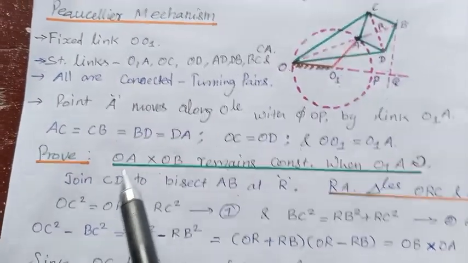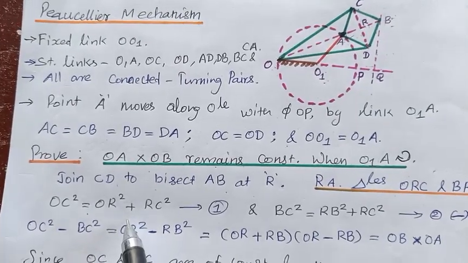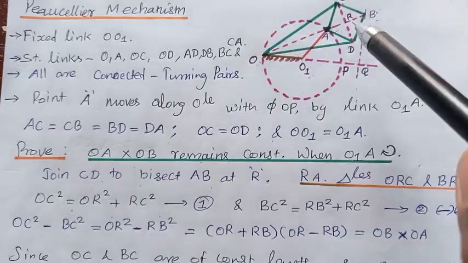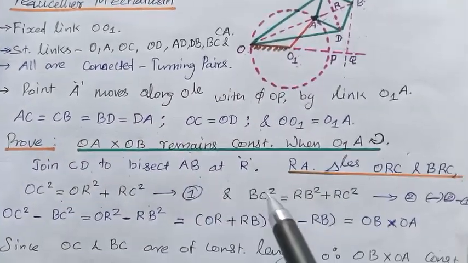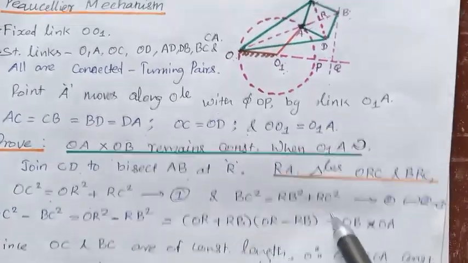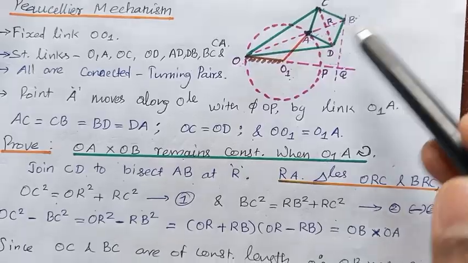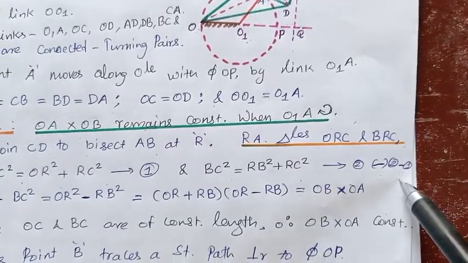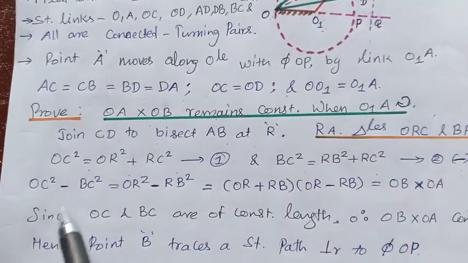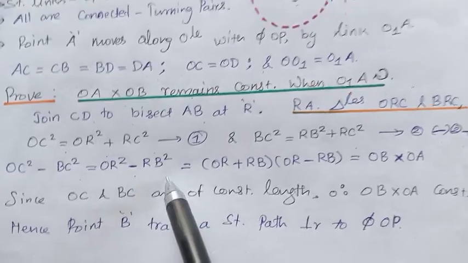By the Pythagoras theorem, in the first triangle, OC square equals OR square plus RC square. Then BC square equals RB square plus RC square.